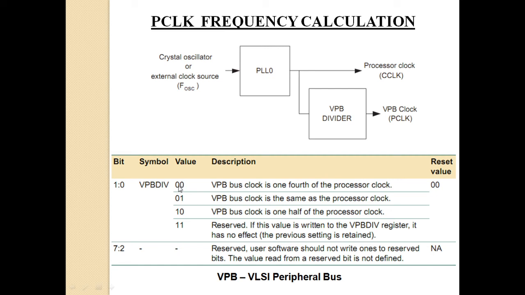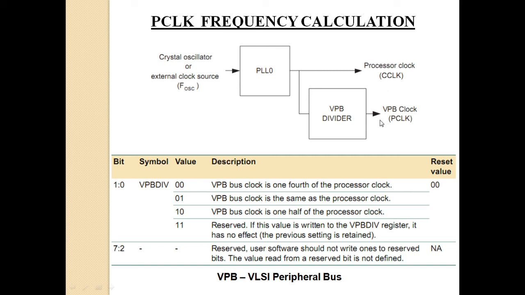If I want to configure the VPB divider so that PCLK is the same as CCLK, what should I do? I need to write bit number 1 as 0 and bit number 0 as 1. If you write 0 1 in the VPB divider register, you are configuring the VPB bus clock the same as the processor clock, so you will get the same 60 megahertz.